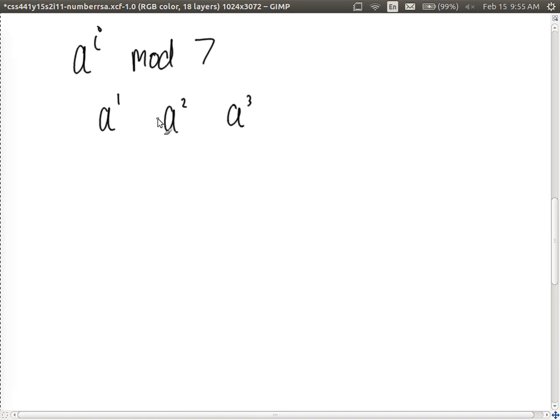Up to the power of 6, because in mod 7, the numbers we deal with are from 0 to 6. If we get to 7, it's the same as 0. So let's write down, for different values of a, the answer of a to the power of 1 through to 6.